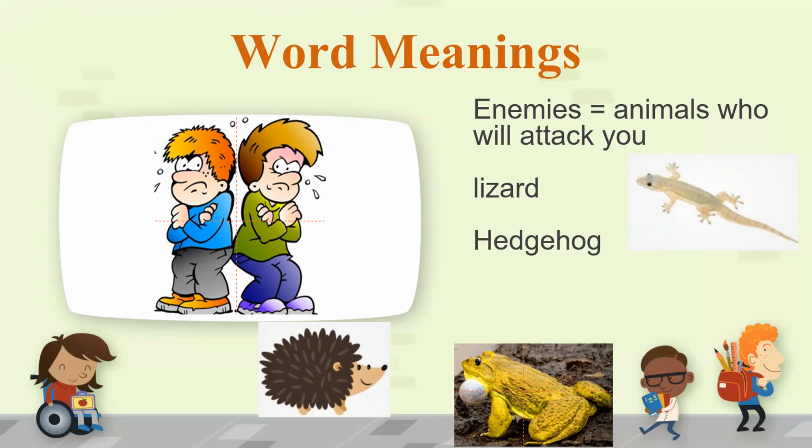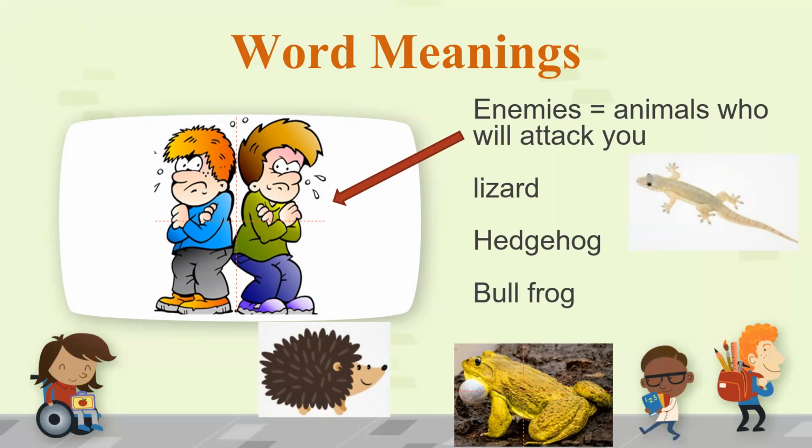Yes. Hedgehog, then bullfrog. So enemy means the person whom you don't like. Normally it is anyone. It may be an animal, it may be a person, anyone. But here in the lesson, the animals which will attack you are the enemies.